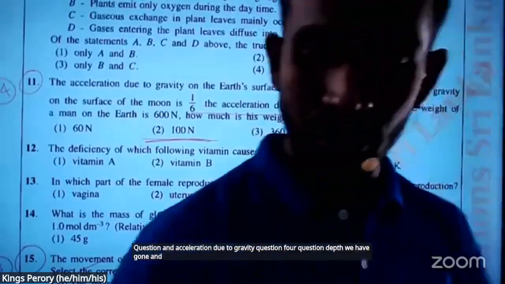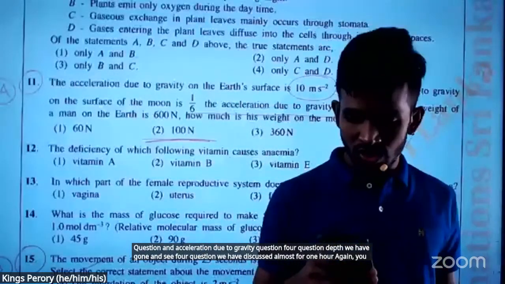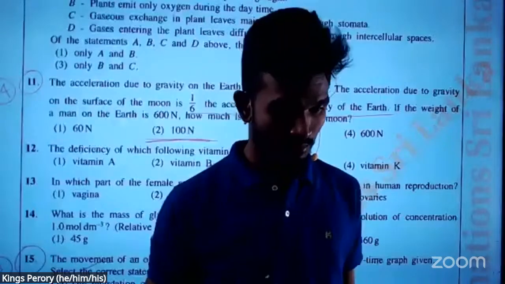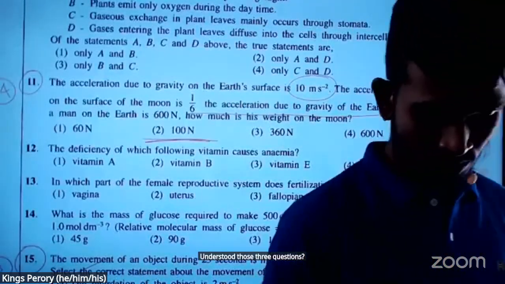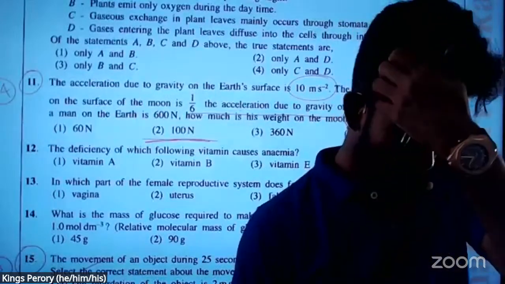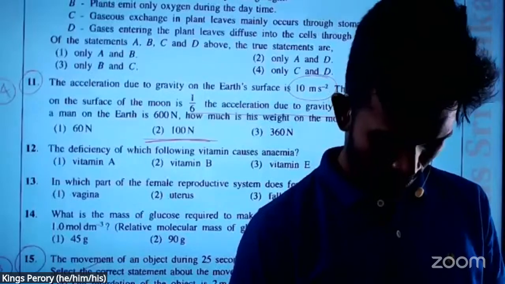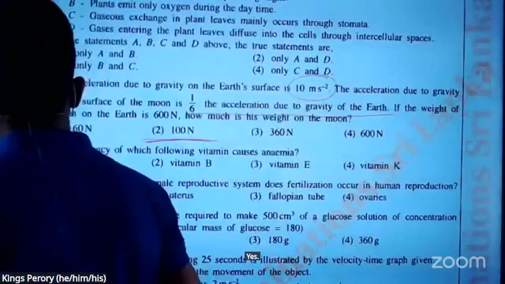We have discussed these four questions for almost 1 hour. Again, you can't get these types of questions wrong. Never. Understood those questions? Yes. Clear. Now we'll go in normal order.